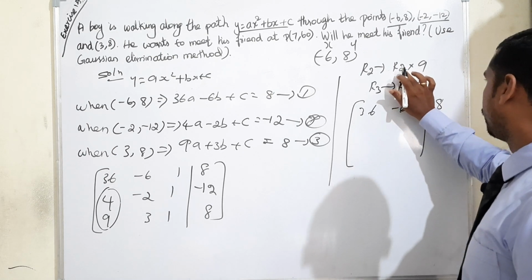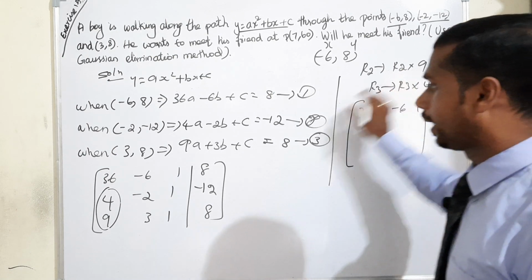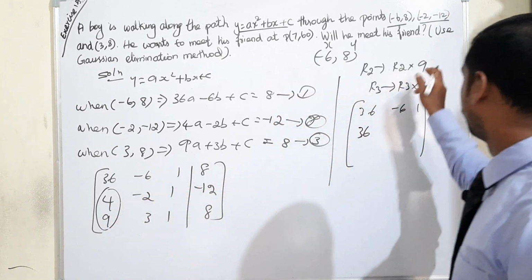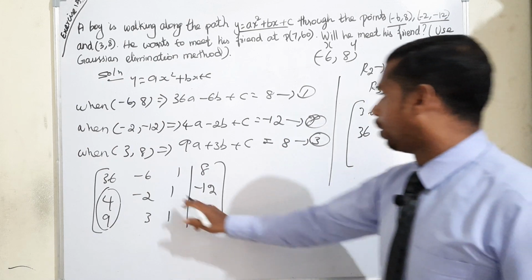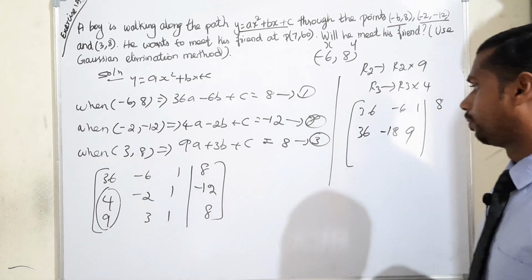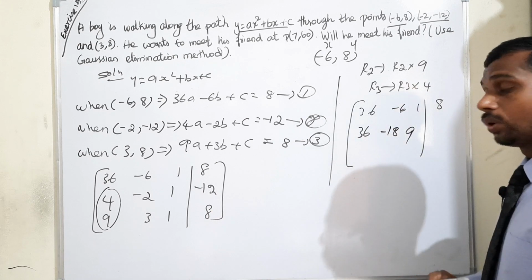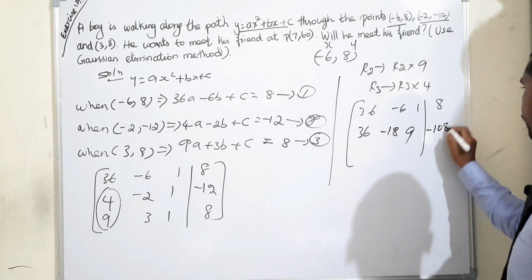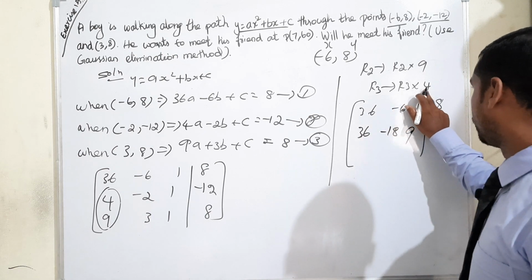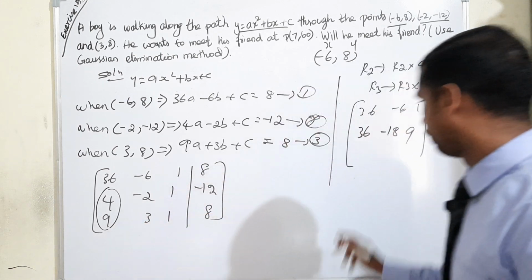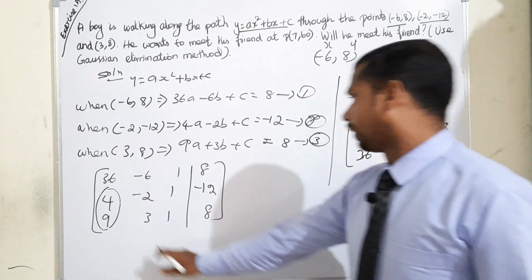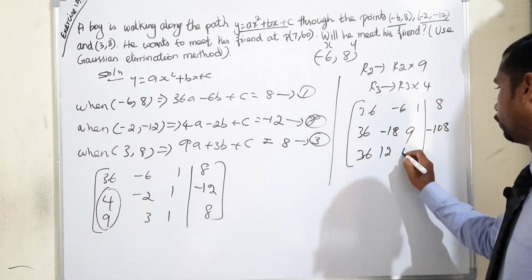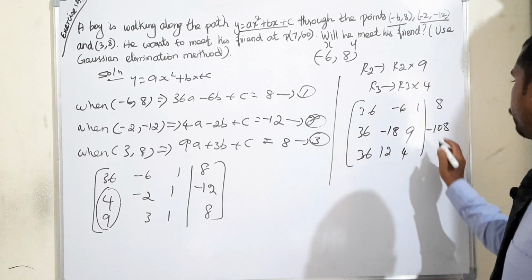Multiply the second row with 9: 9 into 4 is 36, minus 2 into 9 is minus 18, 1 into 9 is 9, 12 into 9 means 108, isn't it? So minus 108. Third row multiply into 4: 4 into 9 is 36, 3 into 4 is 12, 1 into 4 is 4, 8 into 4 is 32.